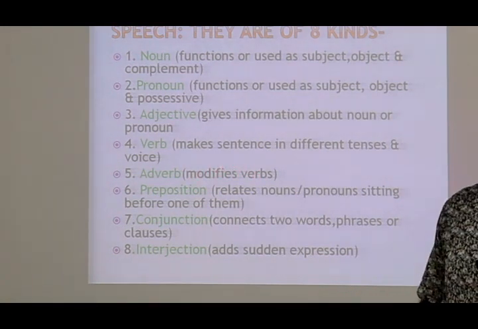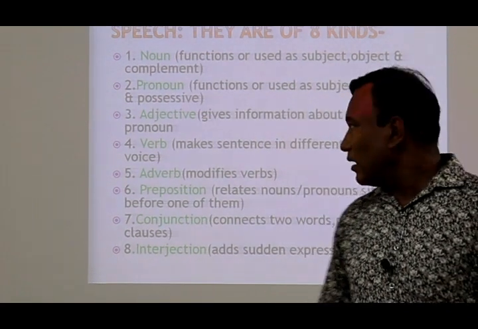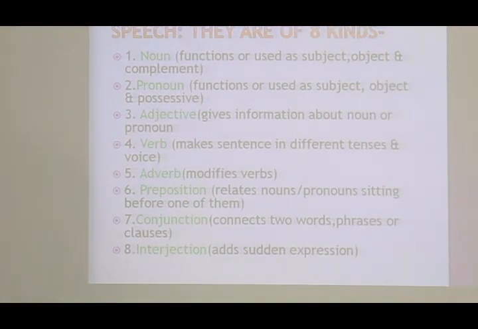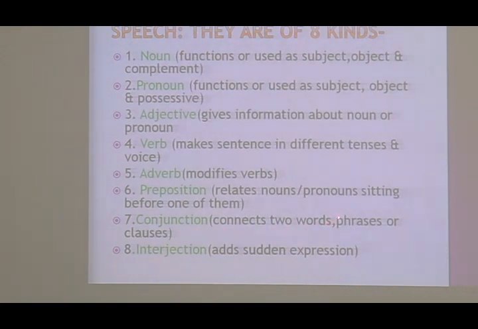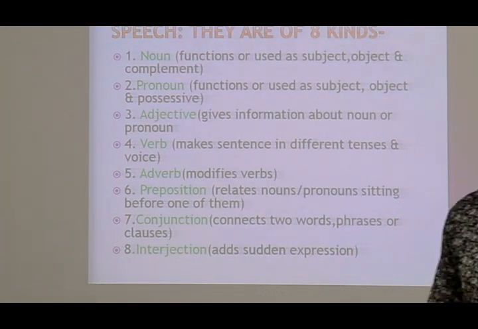Adverb gives information about verb. Preposition relates nouns or pronouns, sitting before one of them. Conjunction connects two words, phrases, or clauses. Interjection adds sudden expression or feelings. Okay.